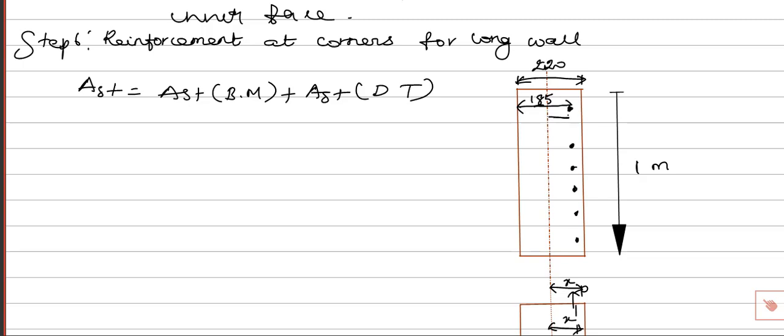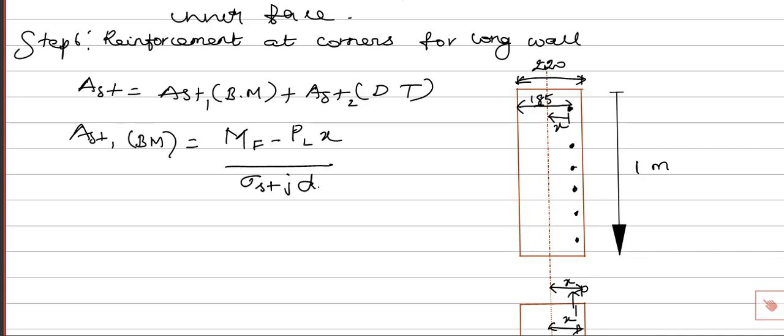So we need to find out this one. This is X. This one we need to find. Let's go to the formula. AST1 is what we require to resist bending moment. AST1 to resist bending moment is equal to MF minus PLX divided by sigma ST J into D. In the first step we have found all the sigma ST, J and D values.